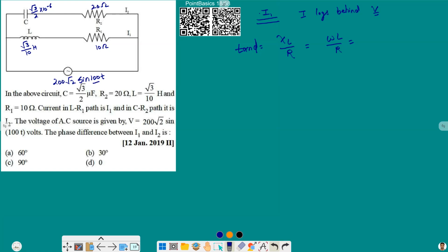Here omega is 100, already available. So 100 multiplied by the L value, that is root 3 by 10, and the resistance in series with it, that is 10.